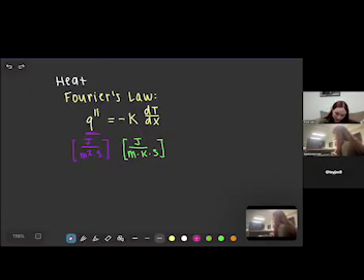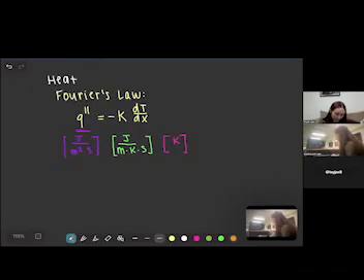And then the temperature gradient is in Kelvin. Another way that we are going to relate this is with density once again, which is in kilograms per meter cubed.